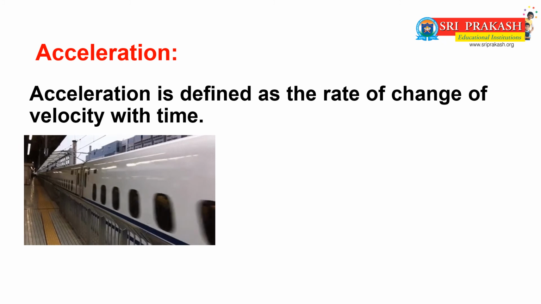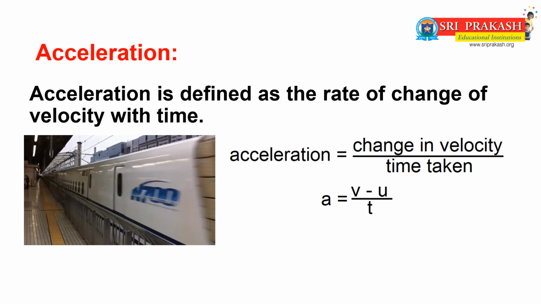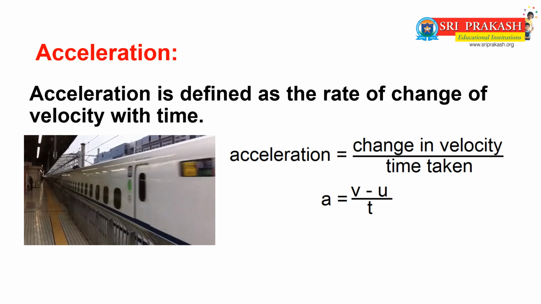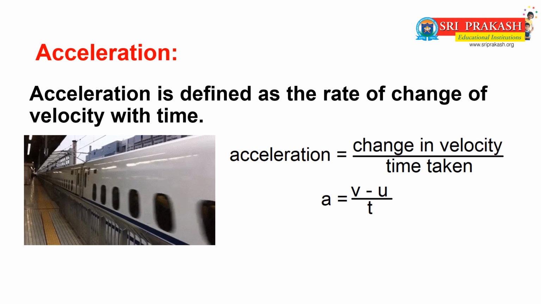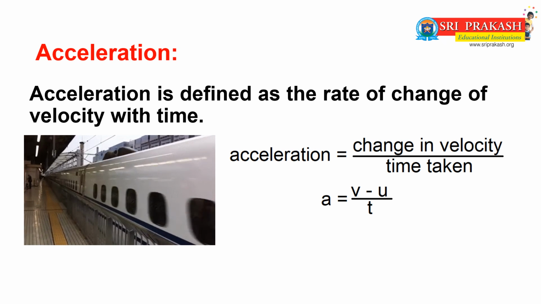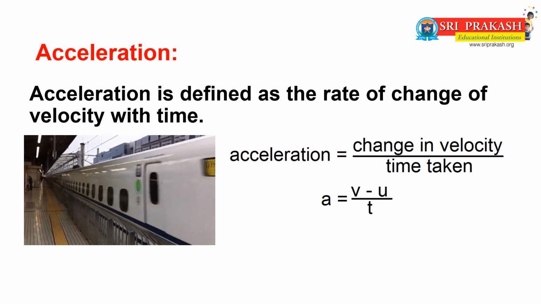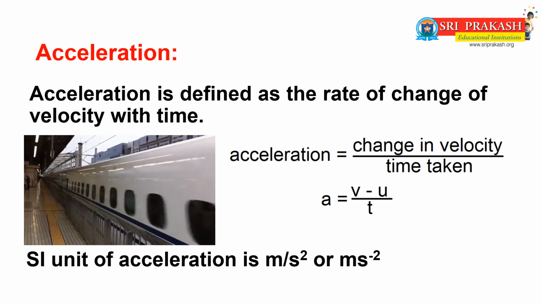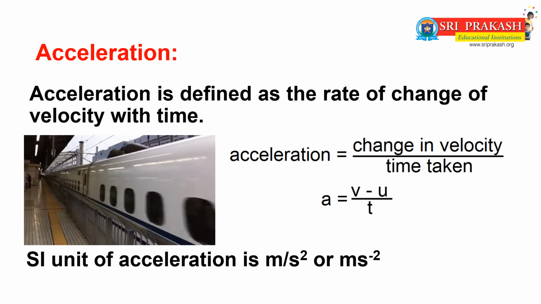According to the definition, acceleration is the rate of change of velocity with time. The formula is acceleration is equal to change in velocity by time taken. A equals v minus u by t, where v is the final velocity and u is the initial velocity. The SI unit of acceleration is meter per second square.